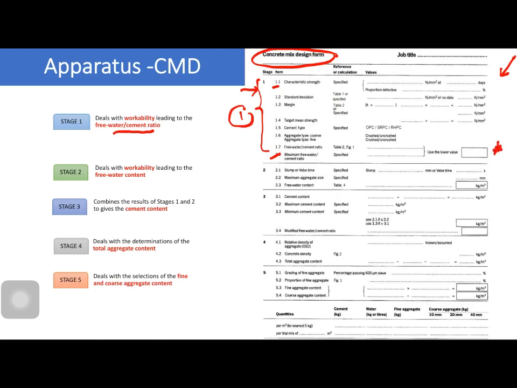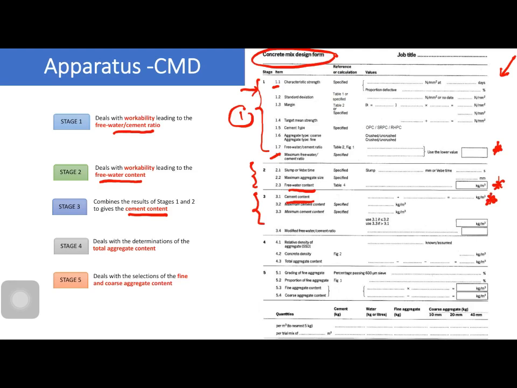And then the second stage is about free water content. So here, after we determine the free water cement ratio, then we can determine the water content. And the third stage is about cement content. So we can combine the result from stage 1 and stage 2 to determine our cement content.